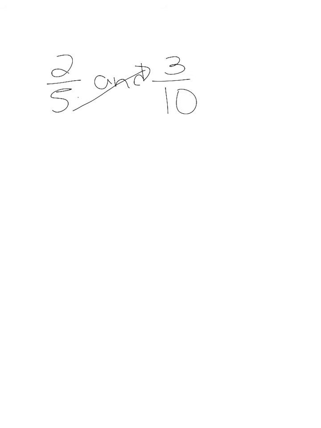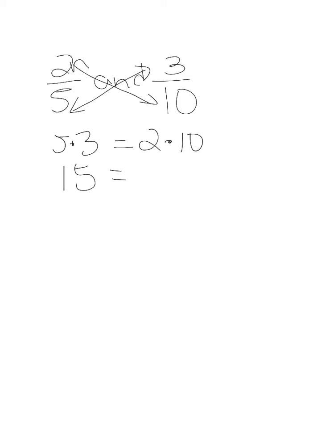So 5 times 3 needs to equal 2 times 10. If those numbers are the same, then we know it's proportional. So 5 times 3 is 15, and 2 times 10 is 20. So no, these would not be proportional because when we cross multiply, you don't get the same answer.